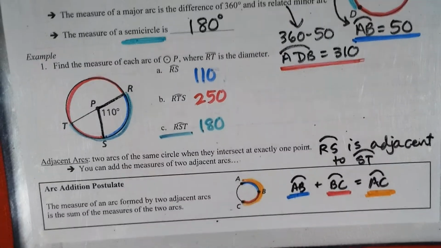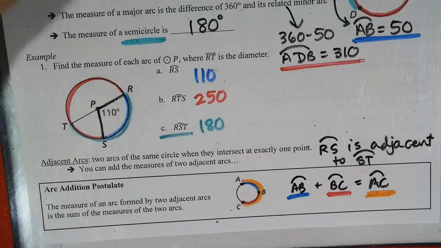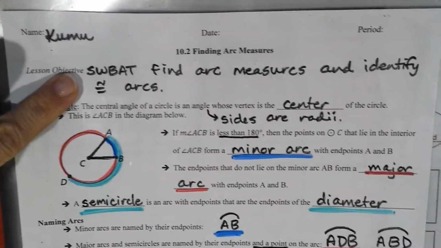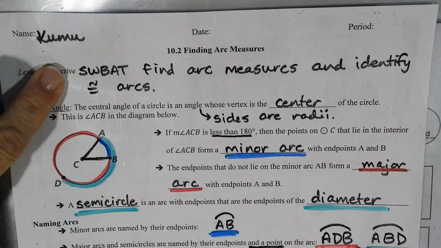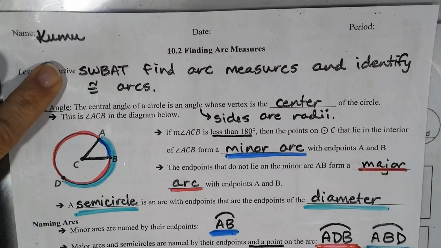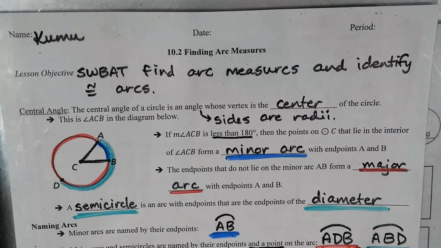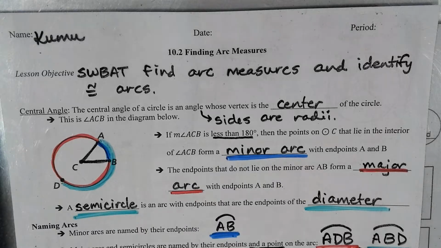All right, we have just a little bit more to go over. But if you understand these concepts, then right now, if I asked you all, do you think you could find the arc measures and identify the ones that are the same? This is where I say, please respond, or I do a poll, or I ask you to give me thumbs up, or somebody at least unmutes themselves and says, yes, I think I can do that.